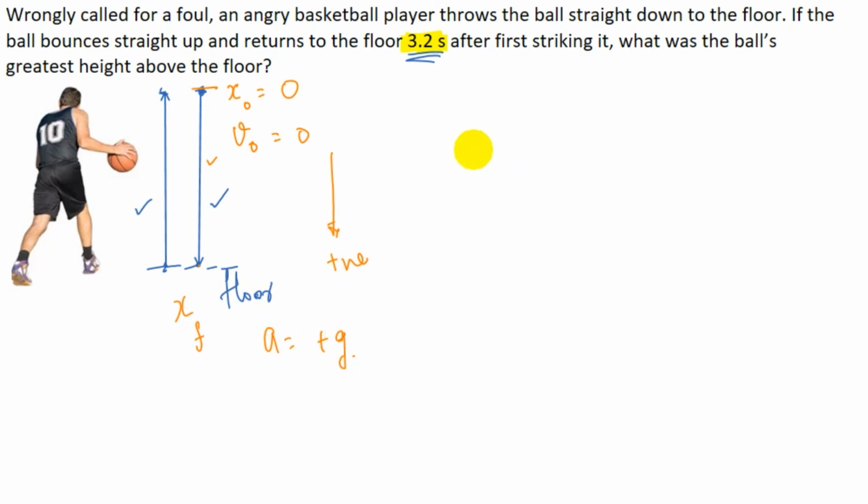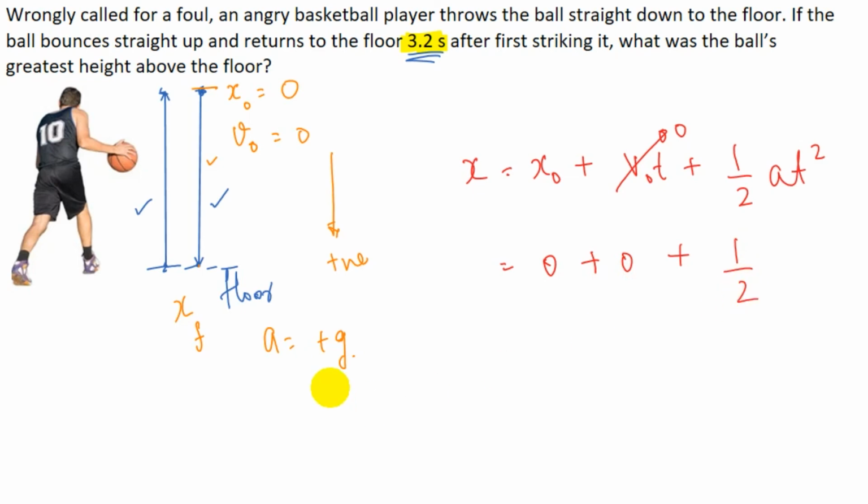So we can use this equation, x is equal to x naught plus v naught t plus 1 over 2 a t square. Initial position is 0, initial velocity is 0, and a is g here, so we obtain that x is equal to 1 over 2 g t square.